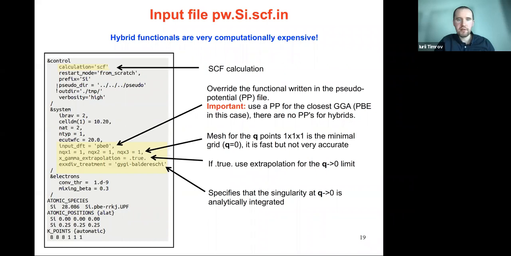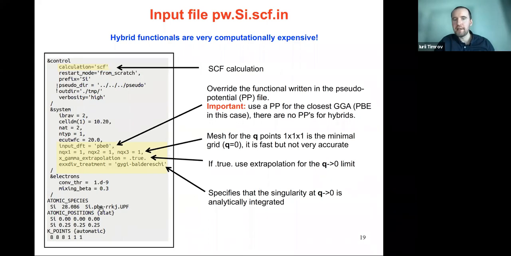It is important to notice that when you select pseudopotentials, you need to use those which are generated with the functional which is as close as possible to your hybrid functional. So this means that if you use PBE0, you need to use a pseudopotential generated using the PBE functional.